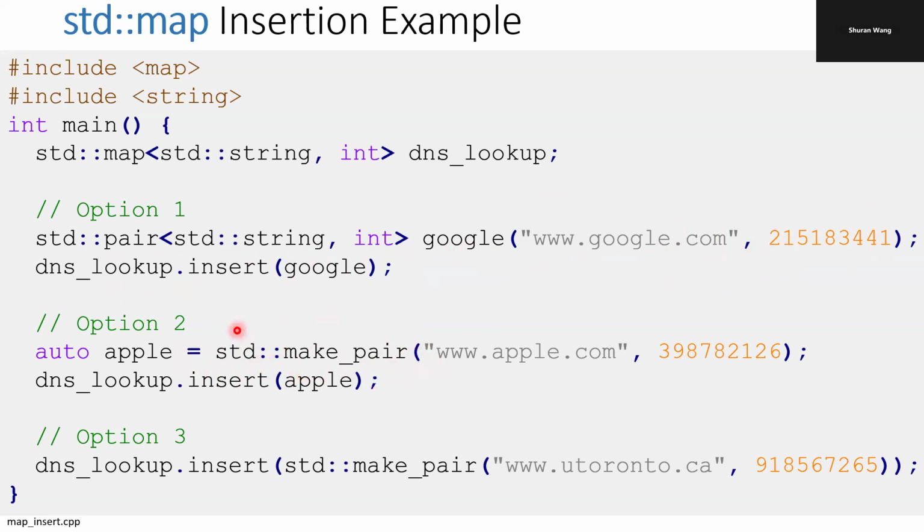This will automatically determine the pair type for us, and it can be stored into an auto type. The compiler will automatically determine the type for us. And we can insert that. Or option 3, we can directly insert the make_pair object into the DNS lookup. So we can skip over the auto part.